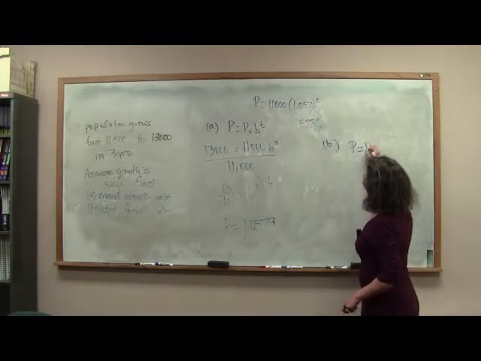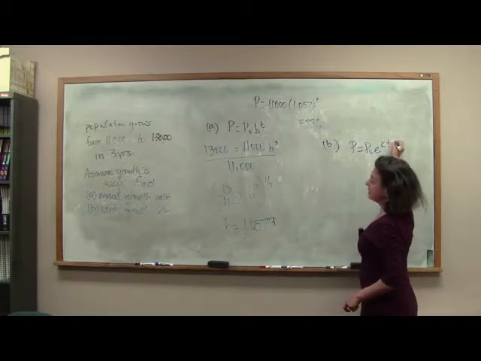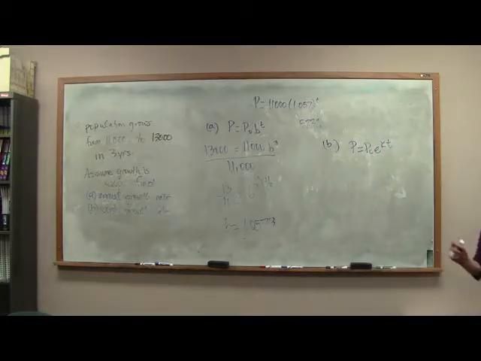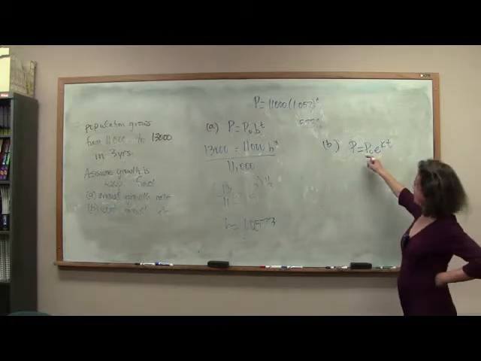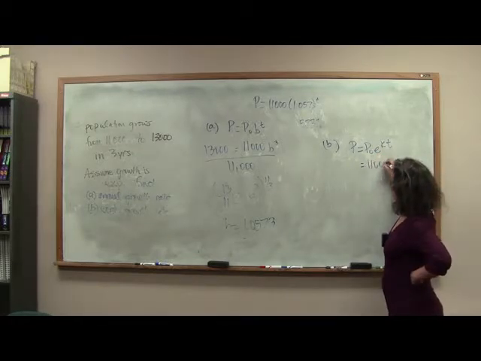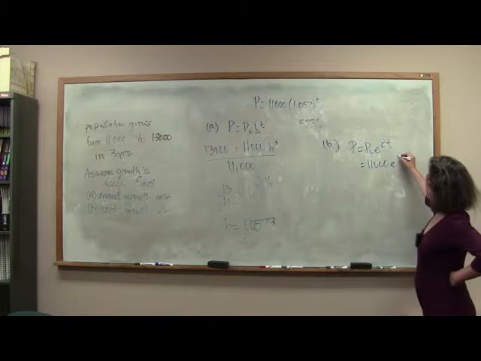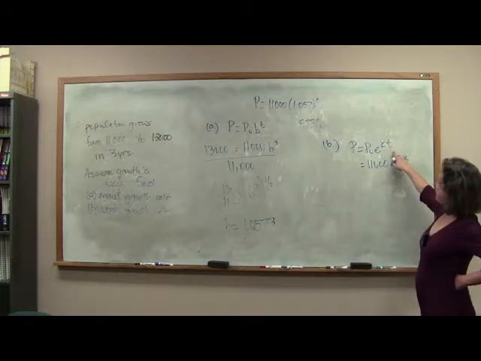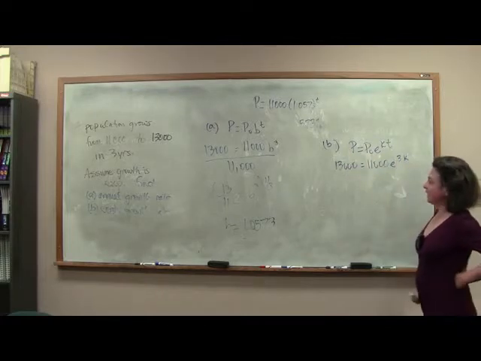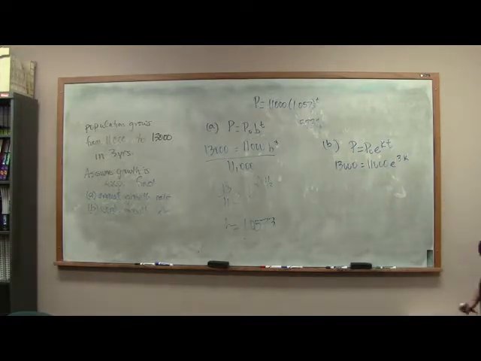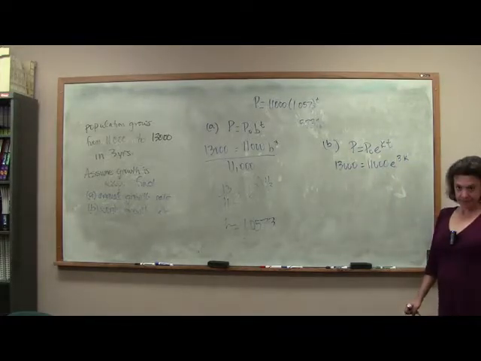Now, let's do part B. Now we want to find our continuous growth rate. That tells me right away that I know I'm going to have a base of E. Again, my initial population is 11,000. Again, T is equal to 3. And my ending population 3 years later is 13,000.